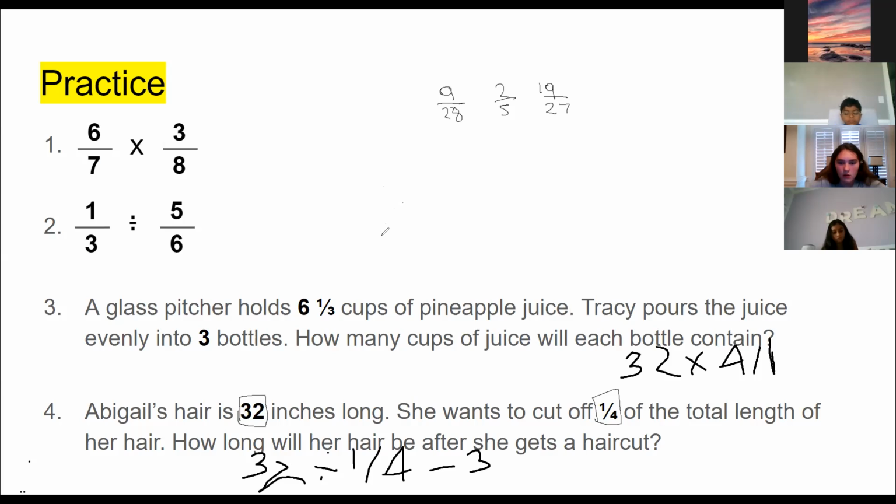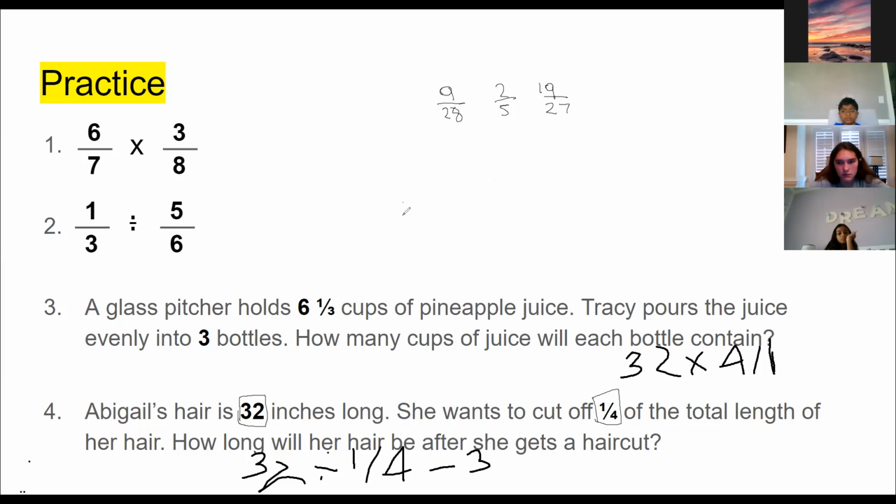It's kind of saying that we're taking away a fourth. That's exactly what it's saying. It's saying that we want to cut off 1/4 of it. So the first thing we have to do is figure out what is 1/4 of 32.